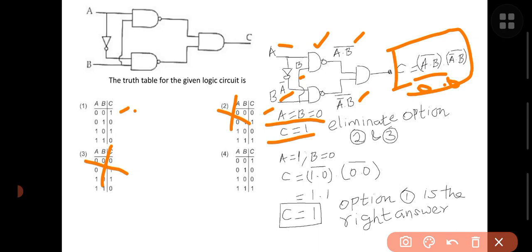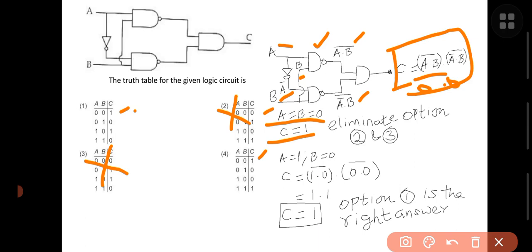So C is equal to 1 in option 1 as well as option 4. Now the truth table will be either option 1 or option 4. How to find the correct answer?